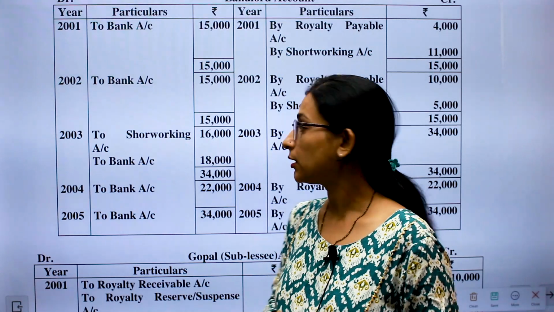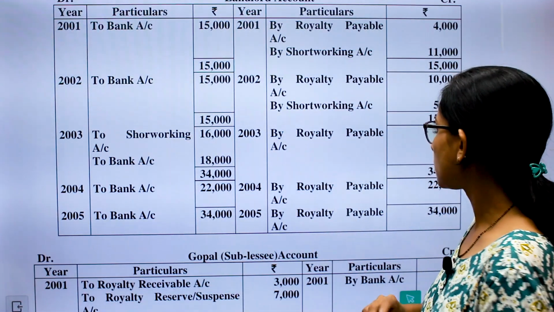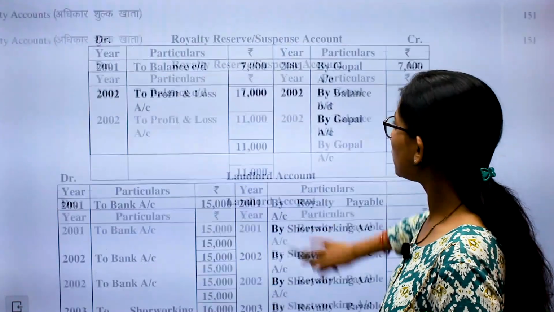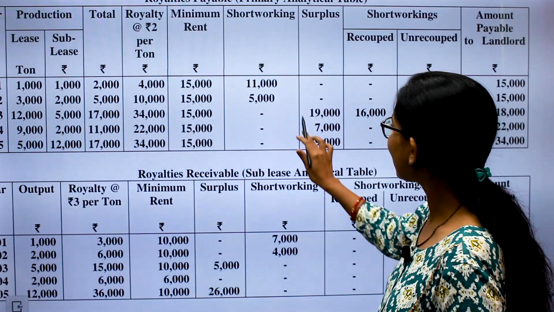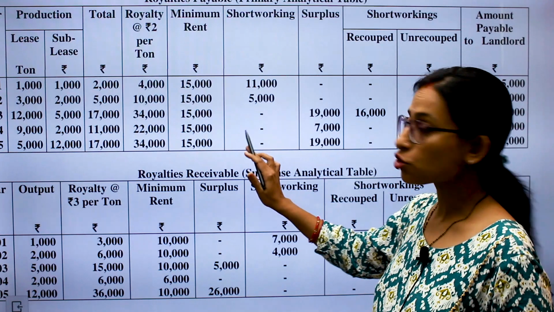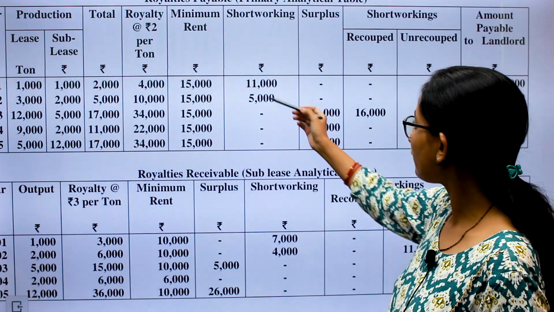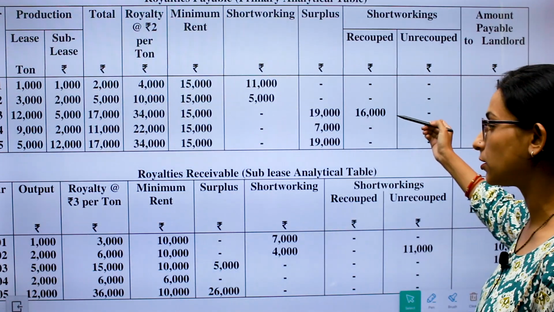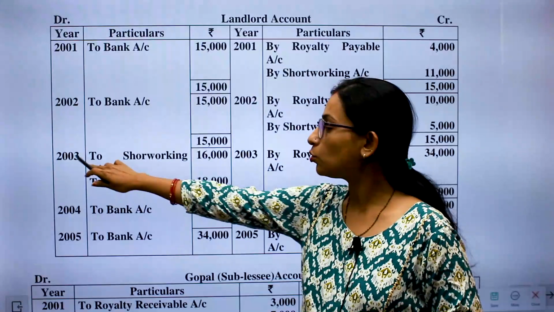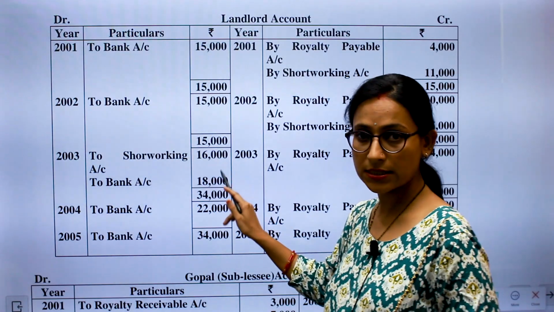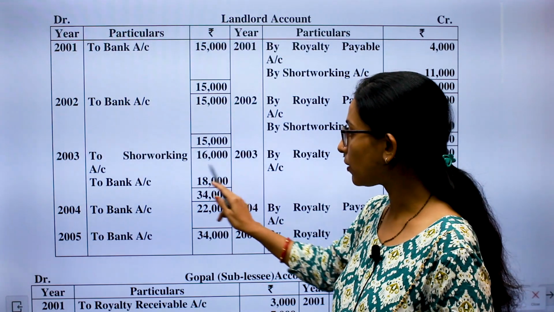In the third year, there was a surplus, which we can see from the analytical table. In the third year there was a surplus of 19,000 and there was a short working of 16,000. So we have recouped this 16,000 in the third year, and passed the entry in the landlord book. In 2003, to short working 16,000, this is the recoup amount.